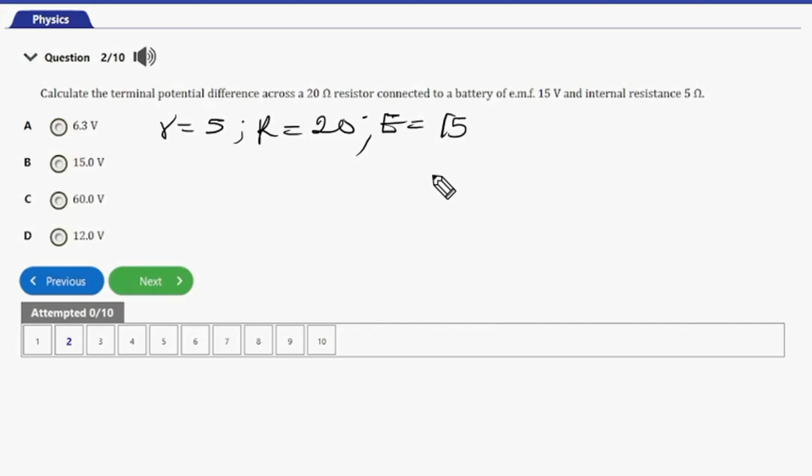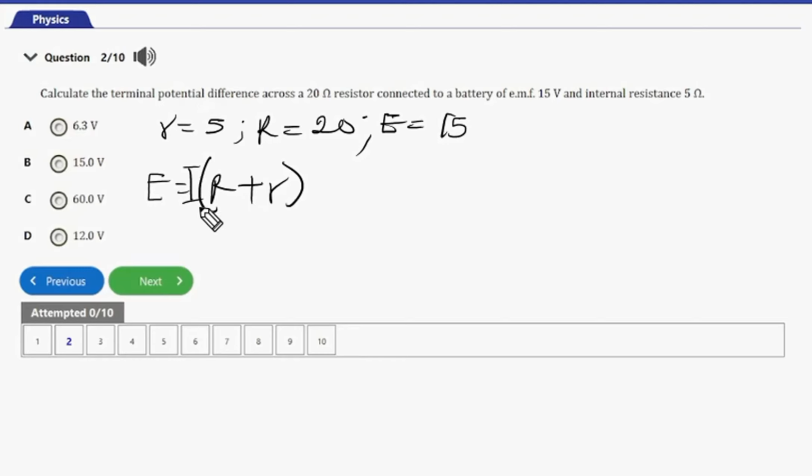Let's recall that potential difference is equal to IR, but first let's calculate the current. E is equal to I into R plus r. With this we can first get the current, and from the current we can get the potential difference, since the potential difference V in volts is equal to IR.